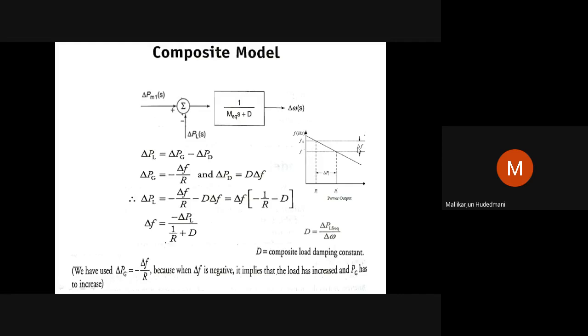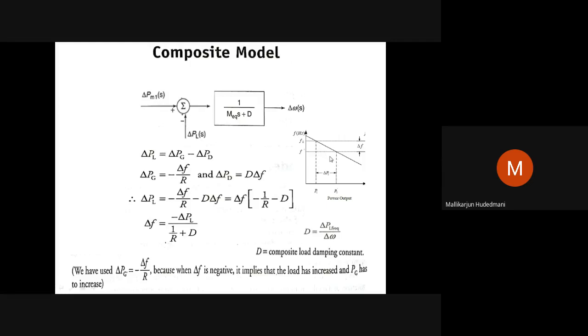That's called delta F. Delta F is the change in frequency, for delta P1. For a change in demand, delta F is noticed. So this ratio, if I write, becomes the droop of that particular generator. So droop is delta F by delta P. That is called R of that generator.